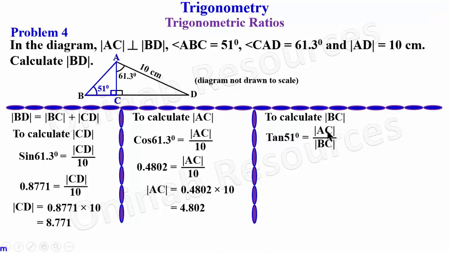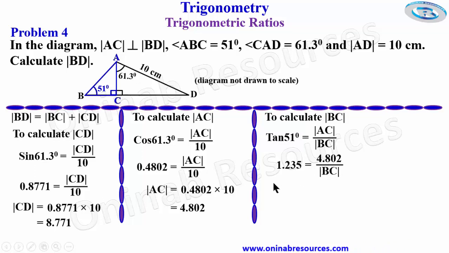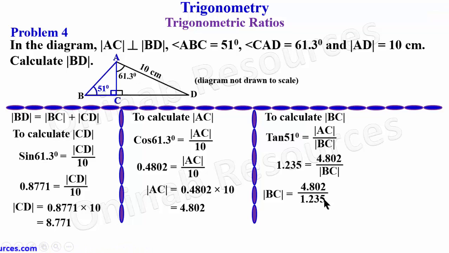Now, we've gotten AC to be 4.802. The value of tan 51 degrees is 1.235, equal to 4.802 over BC. Making BC the subject of the relation, we have 4.802 over 1.235, and that gives 3.888.